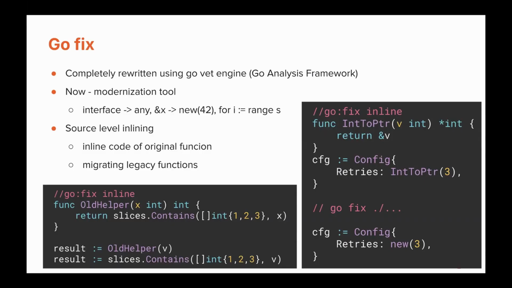And now, if you have it written like this, where the content of the function is the modern way, you can add this command, go:fix inline. And when you run this command, it will actually replace all the usages of this helper function with the content of the function itself. So basically, you get rid of this helper function completely automatically.